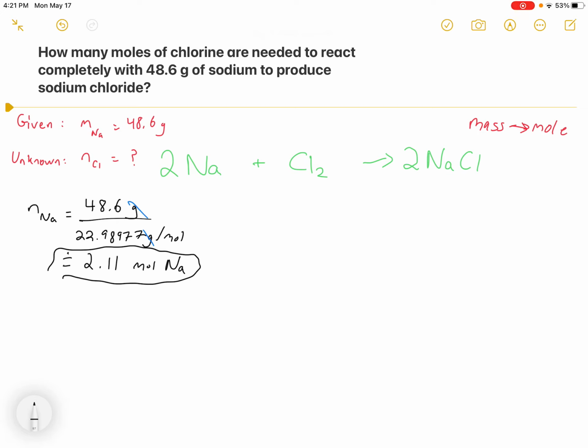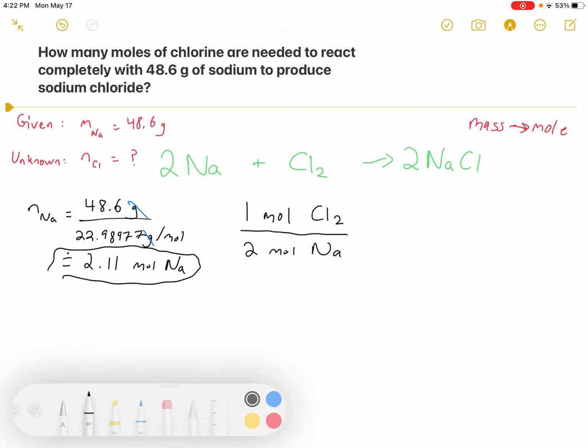Now we need to set up our equivalent proportion so that we can determine how many moles of chlorine we need for this reaction. So again, looking to the coefficients in this balanced equation, we know that within this reaction, to react completely, we'll need 1 mole of chlorine per every 2 moles of sodium.